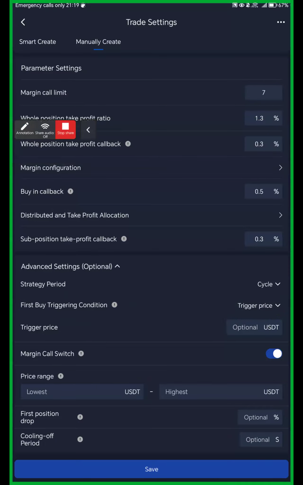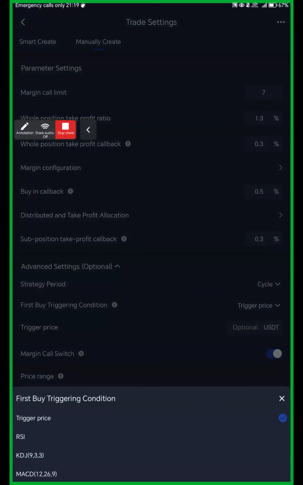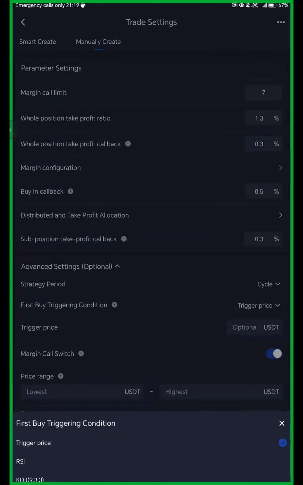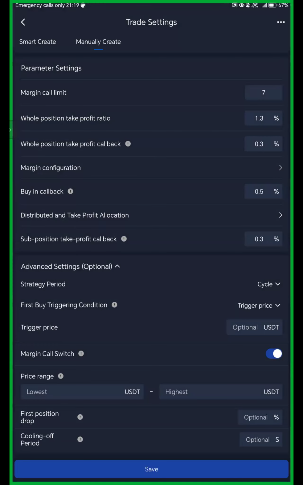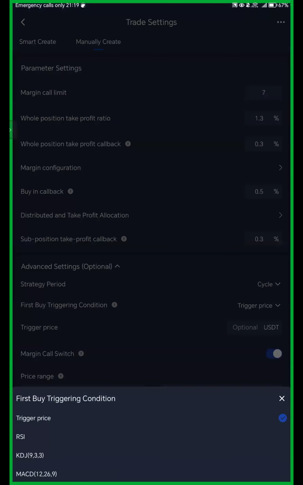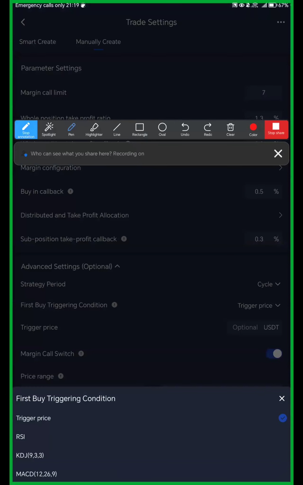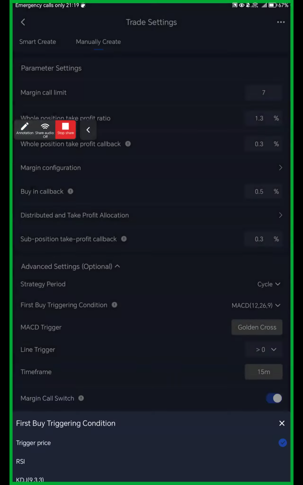When you tap on it, you're going to see this. We want our price to be triggered by an indicator called MACD so that the robot can enter the market to buy. So we're going to click on MACD.